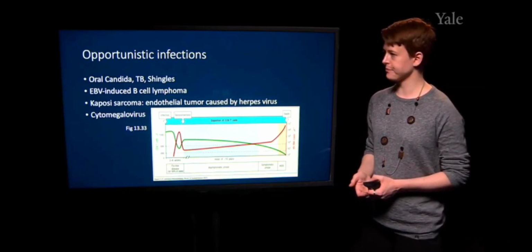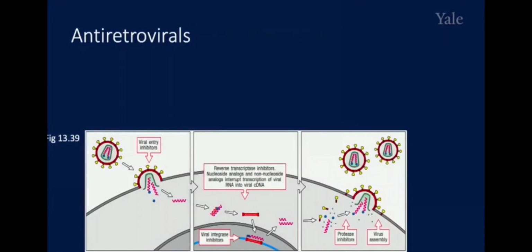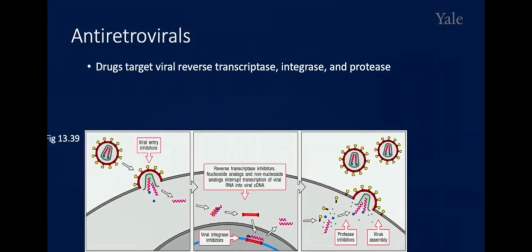So there are some treatments that have been developed recently called antiretrovirals that can be used to treat HIV. So these drugs will target proteins within the virus, such as the viral reverse transcriptase, the integrase, and the protease. And these are viral only proteins, and we know that because typically cells don't reverse transcribe RNA back into DNA, while the virus does.